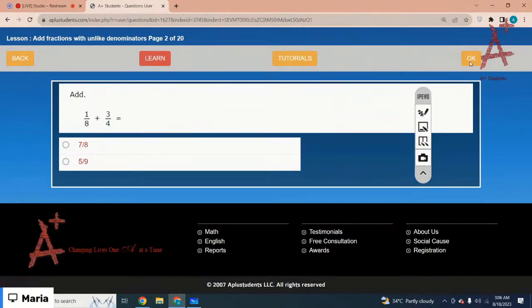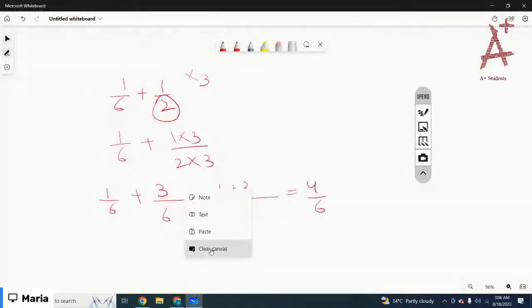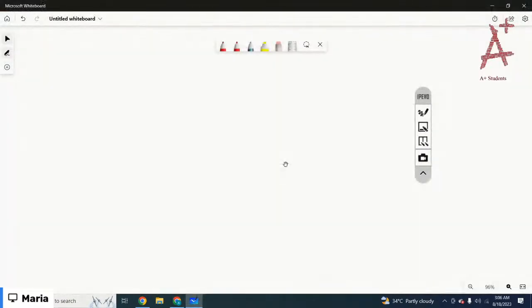The next one is 1 over 8 plus 3 over 4. That's the one we did in the tutorial. So you have to make the denominator equal to 8, right? So 4 times 2 is 8. So you have to multiply this fraction by 2. 1 over 8 plus 3 times 2 divided by 4 times 2.